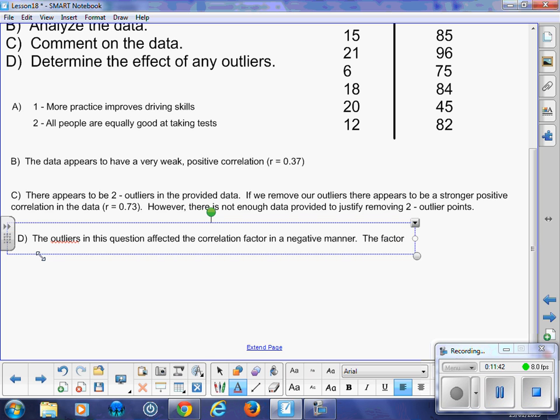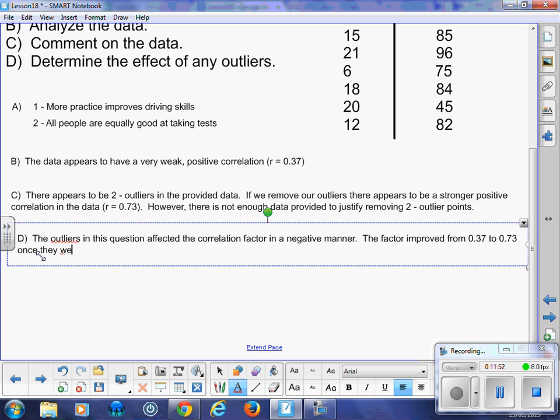The factor improved from 0.37 to 0.73 once they were removed. All right. And that's basically what outliers are going to do. Outliers are going to throw out or affect your overall data results in modeling.